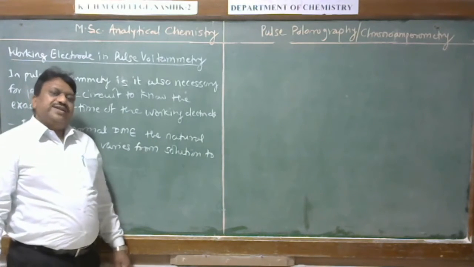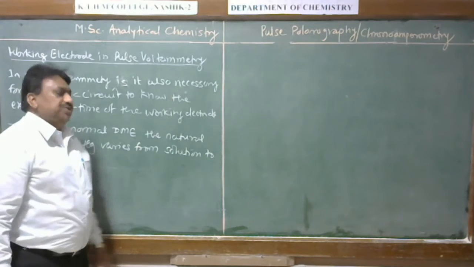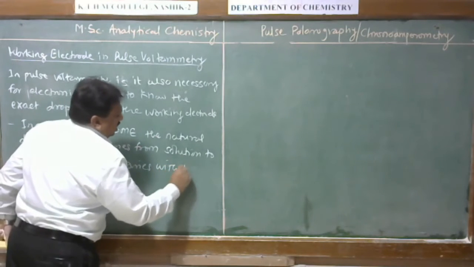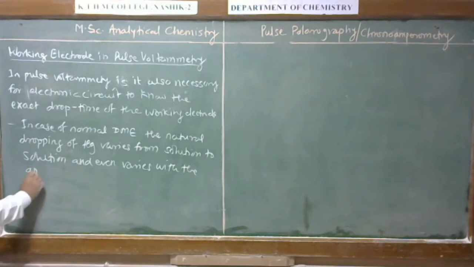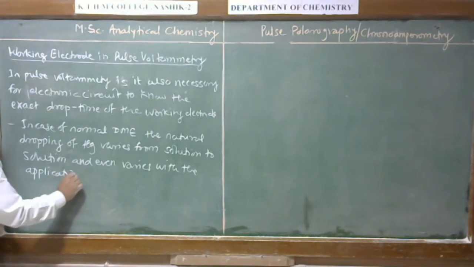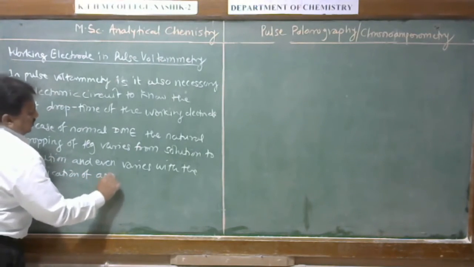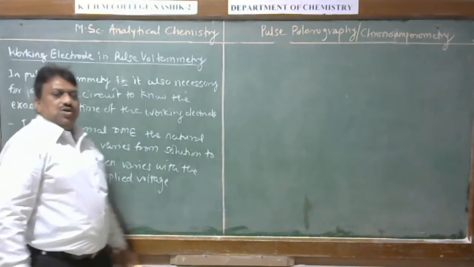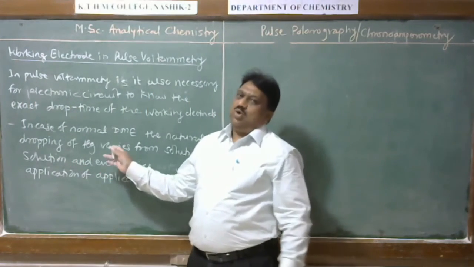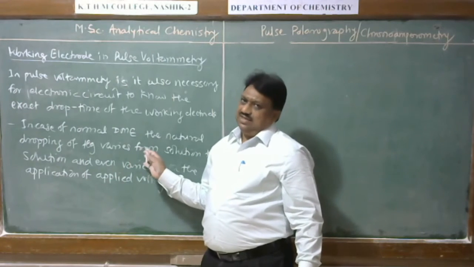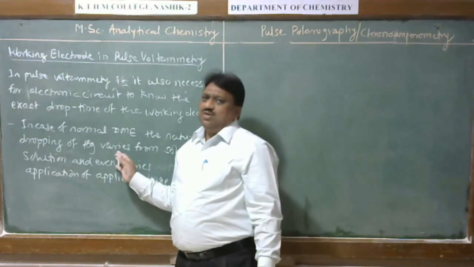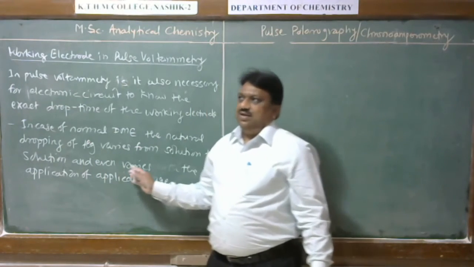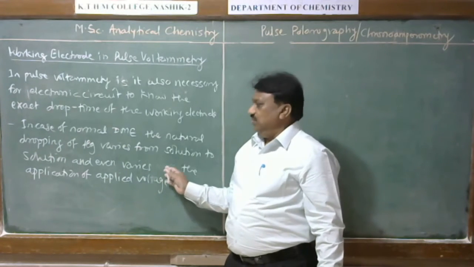Therefore, mercury drop or its size varies from solution to solution, and even varies with the application of the applied voltage. Therefore, natural dropping of mercury from dropping mercury electrode, its size continuously changes. Also, that size depends upon the nature of solution, that is the density, as well as the application of the potential to the working electrode.